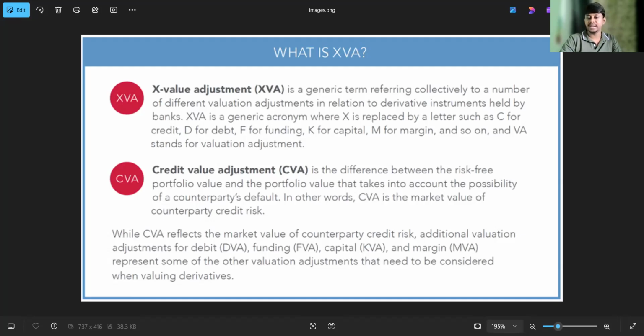The mirror image, DVA. Now flip the perspective. If you might default, that's a cost to your counterparty, but strangely, it can work out as a benefit to you on paper. This is DVA, Debt Valuation Adjustment. DVA reflects the idea that if your firm defaults, you won't have to pay everything you owe either. So, from a pure accounting standpoint, your own default risk slightly reduces your own liability.